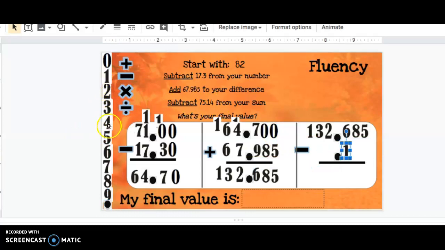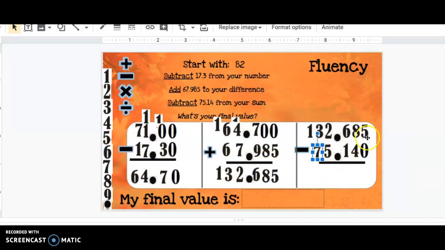In our hundredths place we have a 4. And to keep myself organized, I'm going to put a 0 after that because I want to make sure I keep my digits in line with each other. Looking at the ones place, it's a 5. Looking at my tens place, it's a 7.